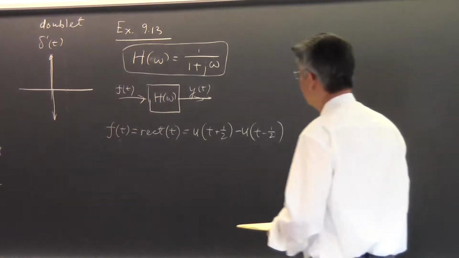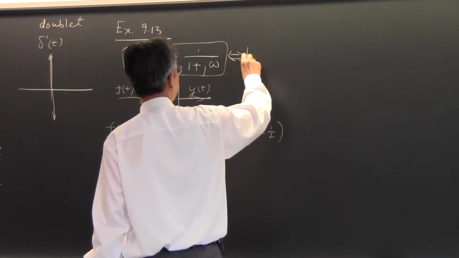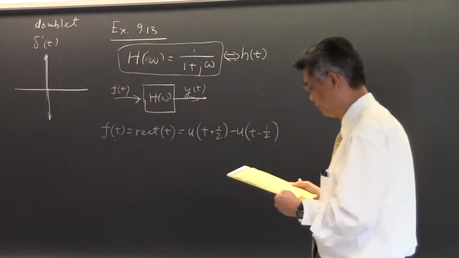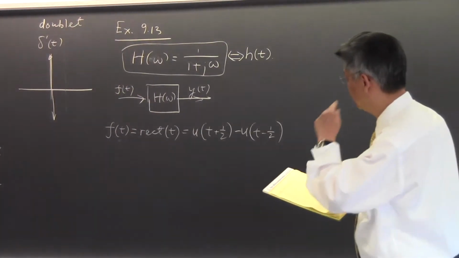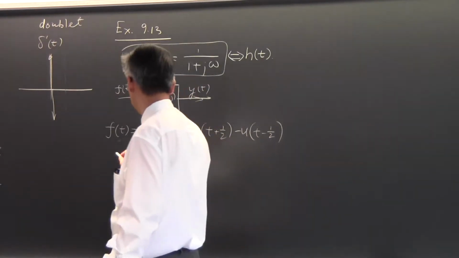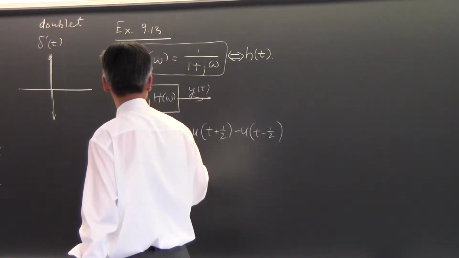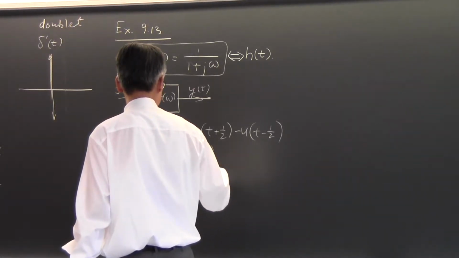And then if I Fourier transform this, I get what is known as the impulse response. And then the output is equal to the input f of t convolving with the impulse response.